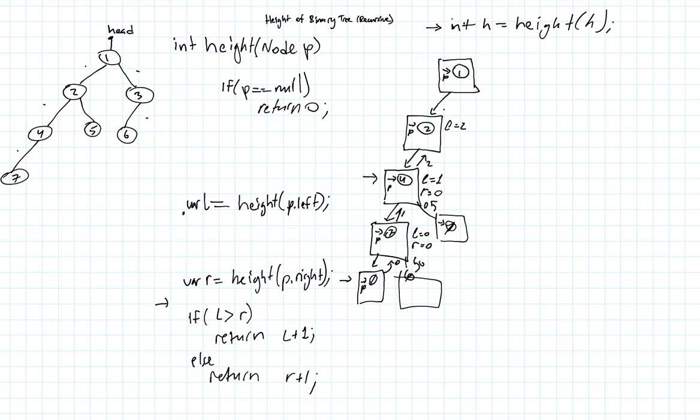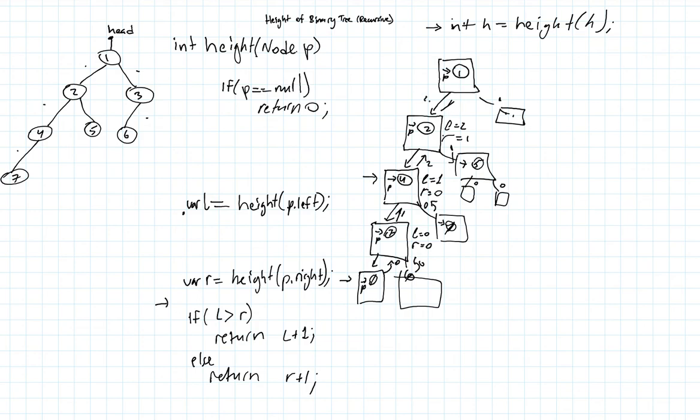Let's make this one. It's going to call this one, which is 5. It calls this box, and both give 0 again, and this gives 1. So right becomes 1, and it will return 1.